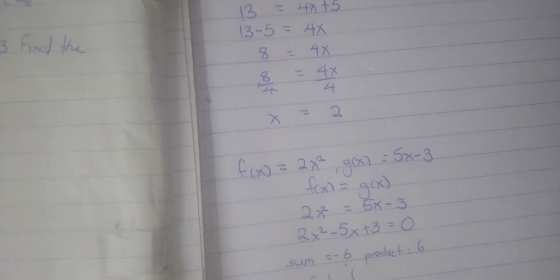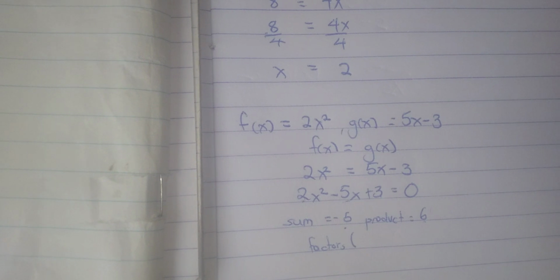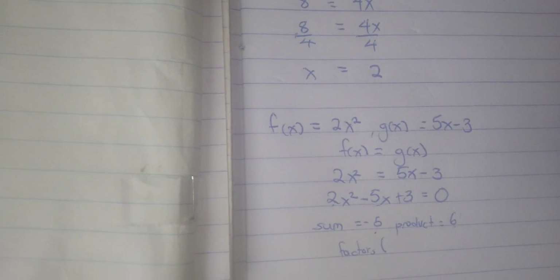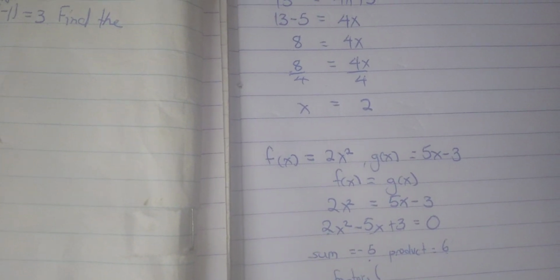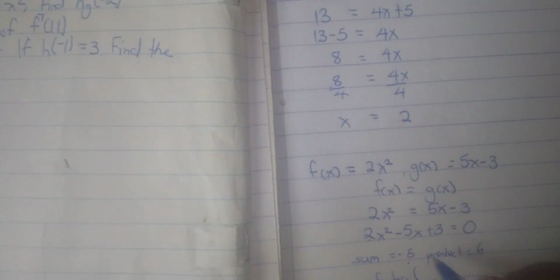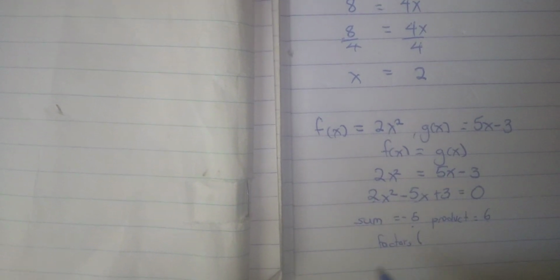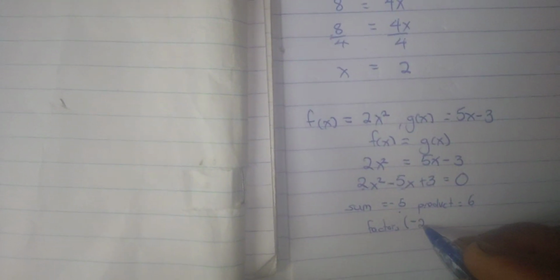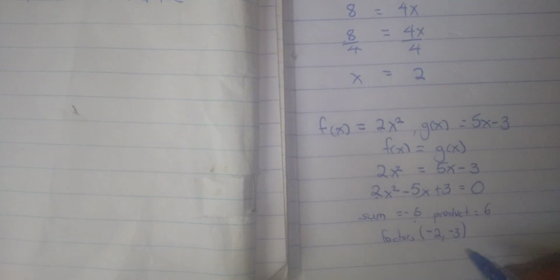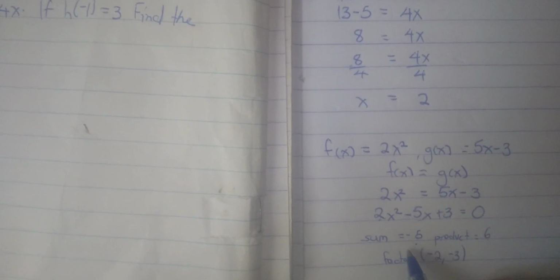First look at those numbers which, when we multiply them, we get 6, which is 2 times 3, or 6 times 1. Looking critically, the two factors will be 2 and 3, but since we have the aspect of a negative, our factors are negative 2 and negative 3, such that when we multiply them we come to 6, and when we sum them up we come to negative 5.